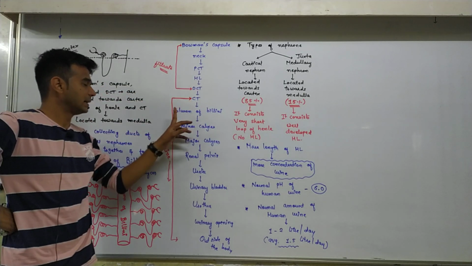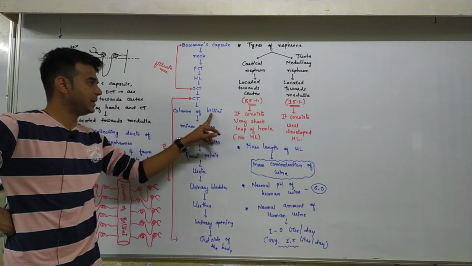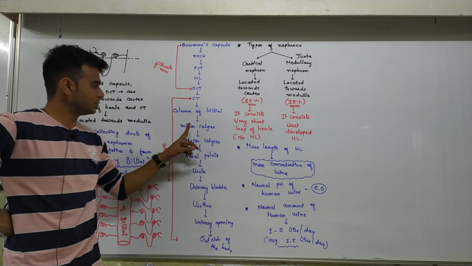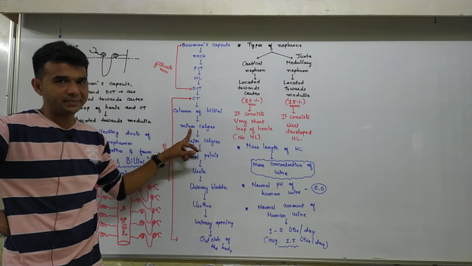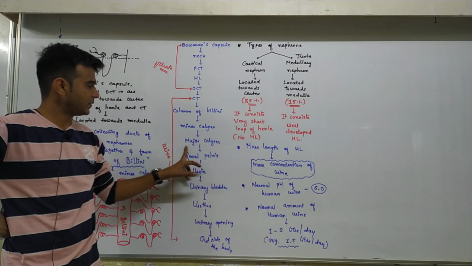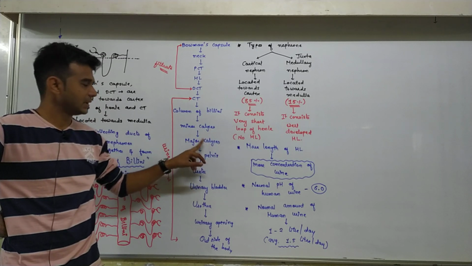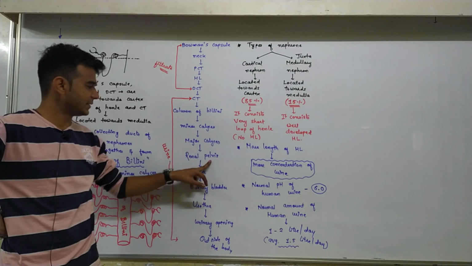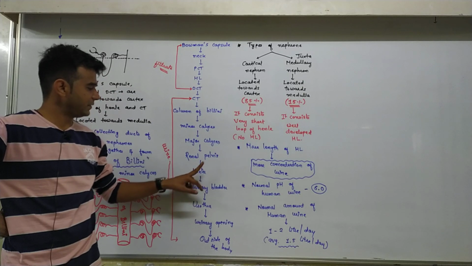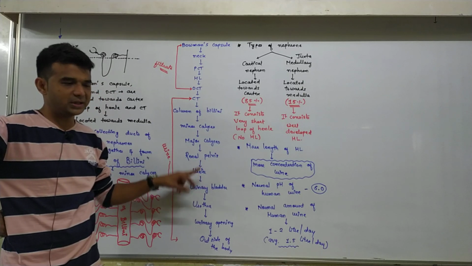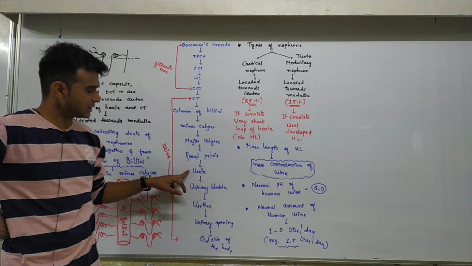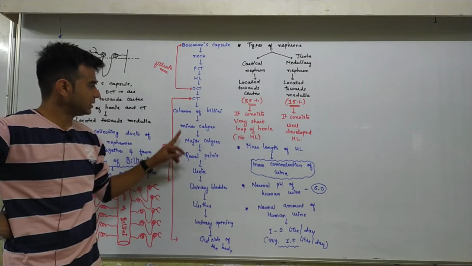Now, after formation of the column of Bellini, it opens into the minor calyces of each pyramid. So many minor calyces join together and form the major calyces. Many major calyces join together and form the renal pelvis. The renal pelvis is continued with the ureter. We are going down. The ureter transfers the urine from the kidney.